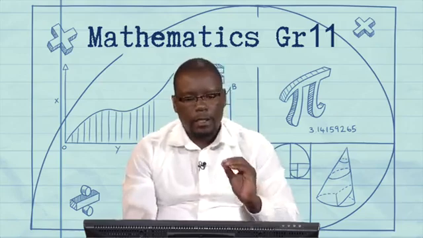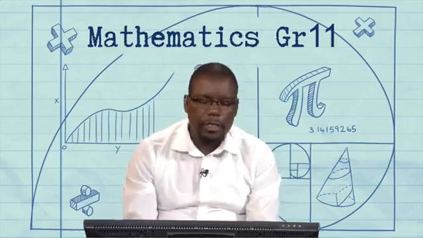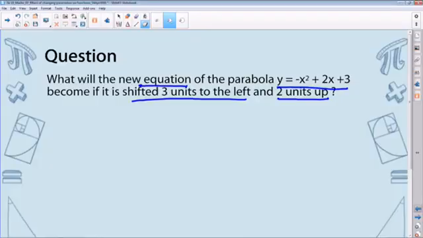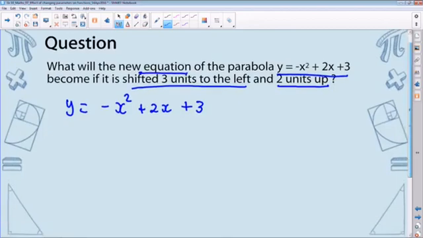Okay, welcome back, guys. I've given you enough time. Let's look at it together now. So you've got y equals negative x squared plus 2x plus 3. Now, they're asking us to find the new equation of the parabola if it's shifted 3 units to the left. Now, we have to be extra careful.